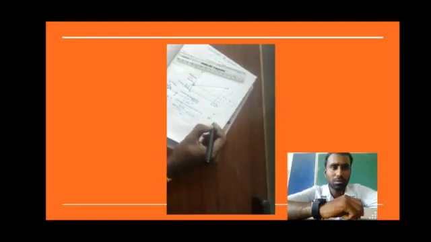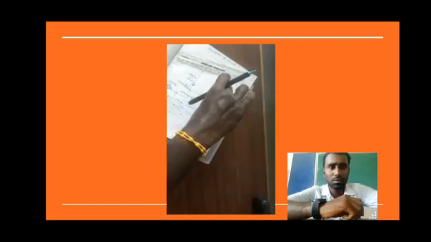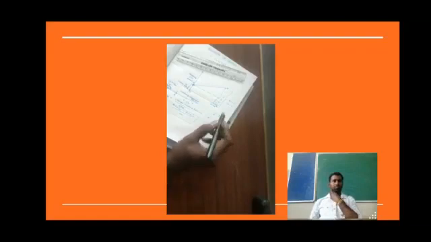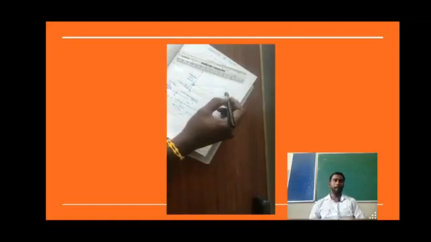BD means BC minus CD. From B to C, what is the value? v. Then C to D, what is the value? u. So v minus u. So BD equals v minus u.